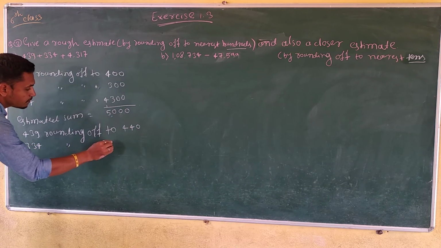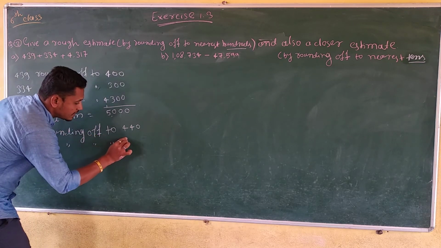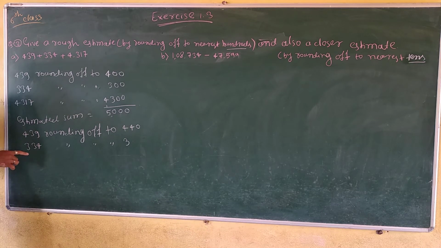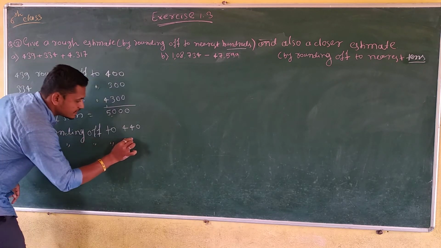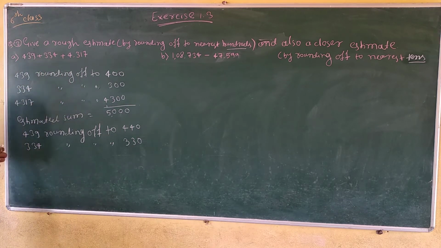Next, see here, 334 rounded. The 100s place is written as it is, and next 4 is closer to 0 or 10? Yes, 4 is closer to 0. So that's why our 10s place is written as it is and the 1s place value becomes 0. Is it right?